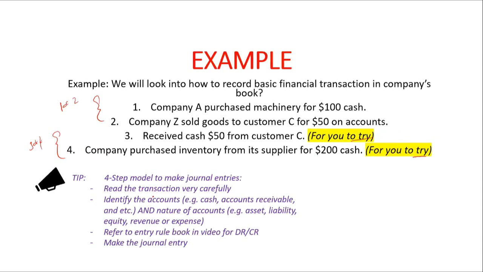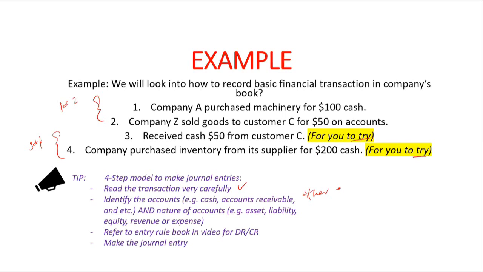We can follow a simple 4-step model that I have created. The first thing that you do is read the transaction very carefully. Then you identify the nature of account, whether it's cash, accounts receivable, etc. There are different types of accounts. I've given you examples of different types of accounts: cash, accounts receivable.